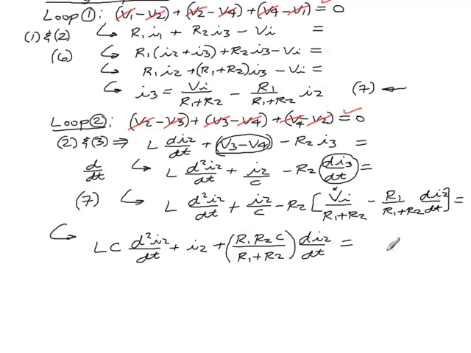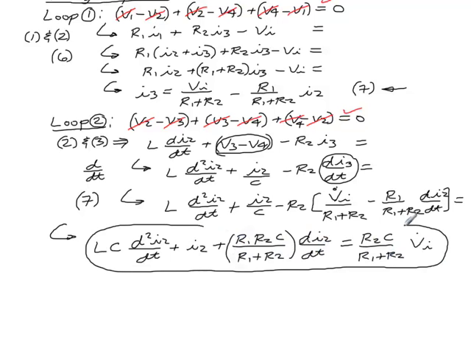And the right hand side, when I bring my input voltage on that side and I multiply by my C, I get R2C divided by R1 plus R2 VI dot. So that's the thing we're looking for. We're looking for our single input-output equation, output being I2, input being V sub I.